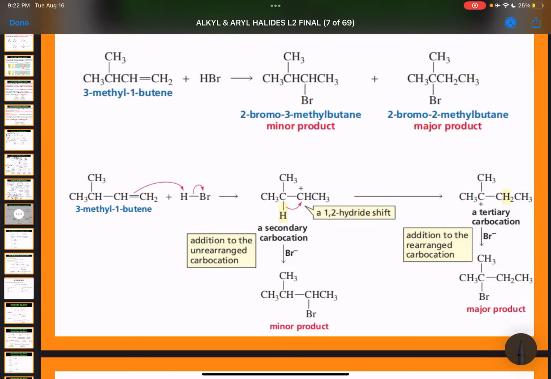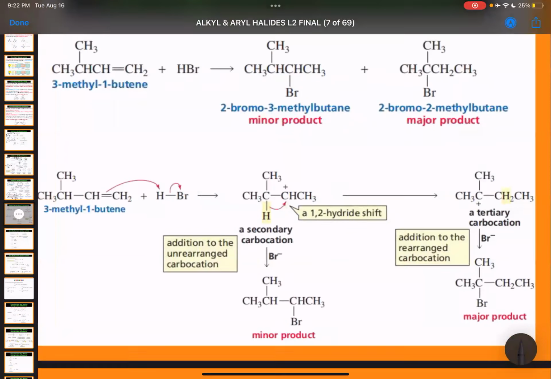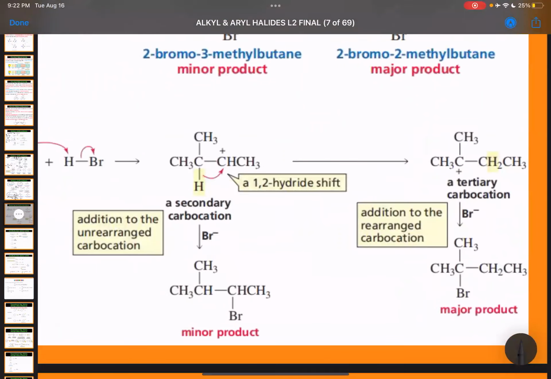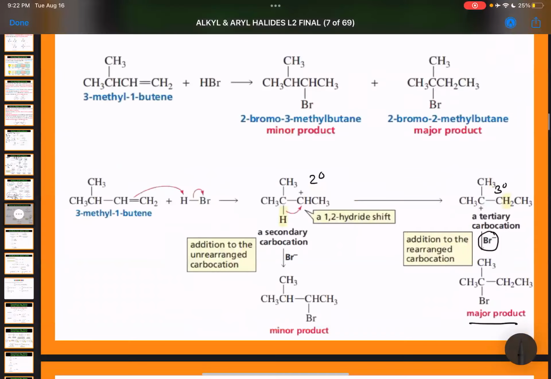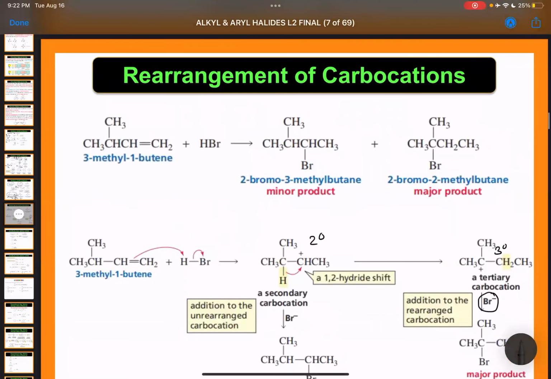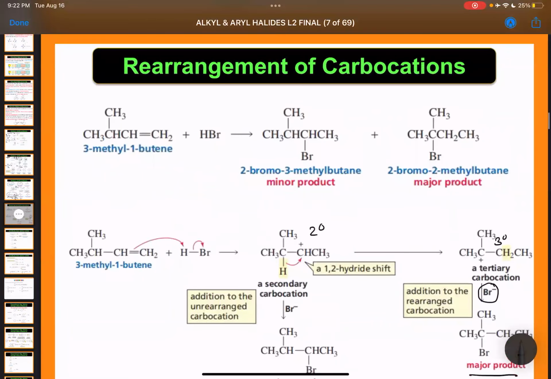Once a carbocation is formed, you will check whether this carbocation will get shifted to the adjacent carbon. If yes, you will do the shift. Okay, you will make the carbocation more stable. Look here, this was secondary. Now this is tertiary. Once it has become more stable, then you will attach the Br minus to write your final product. Okay, so be careful about the rearrangements. Clear?